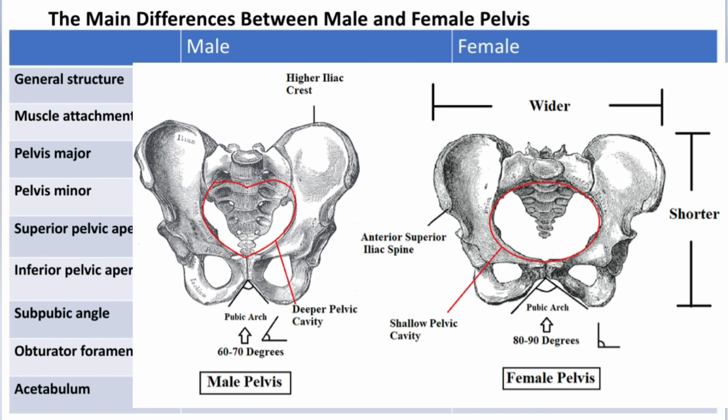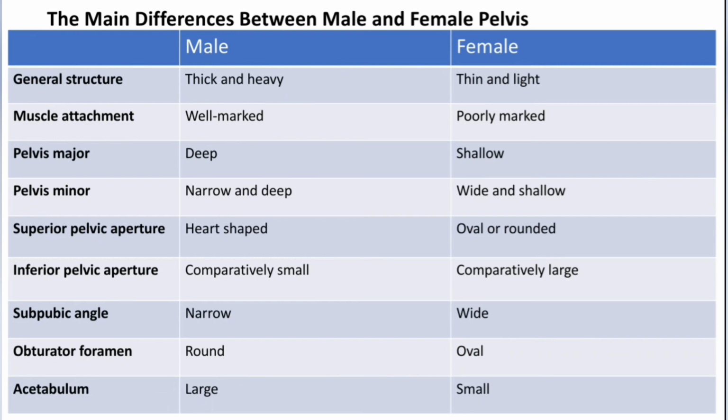And lastly, the acetabulum is large in males and smaller in female. These are the main differences between the male and female pelvis. If you want to know more about distances and measurements of the pelvis, we'll do that in obstetrics. But for now, this is all you need to know in anatomy.